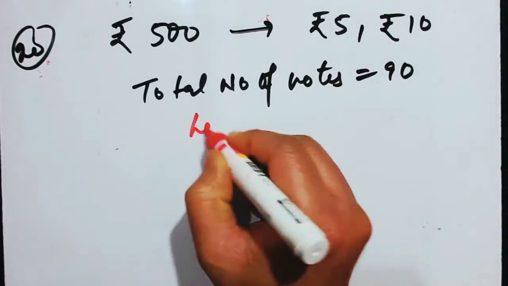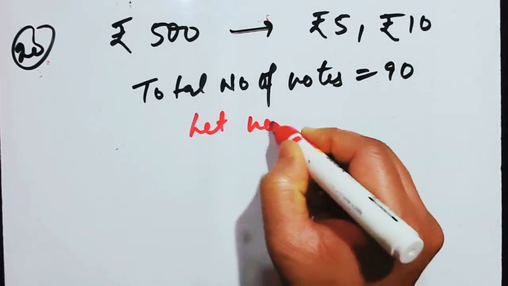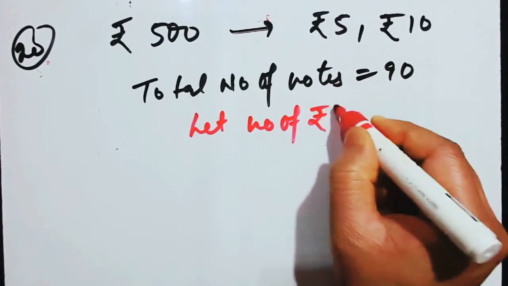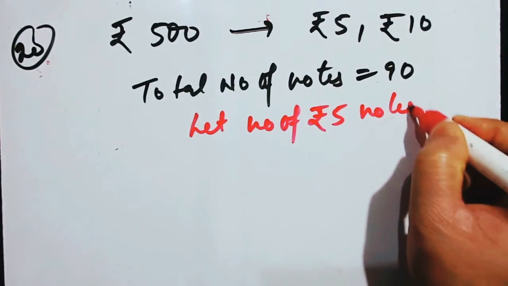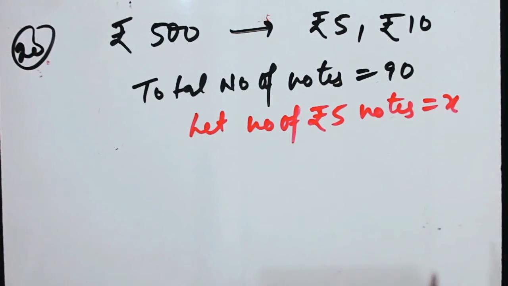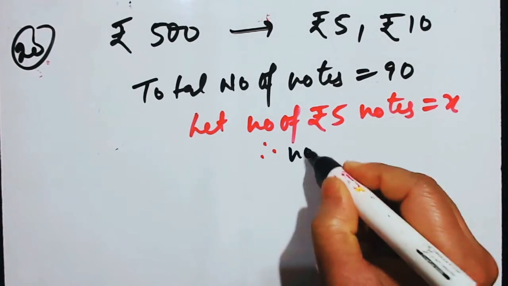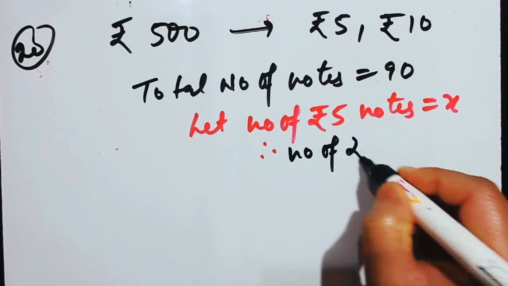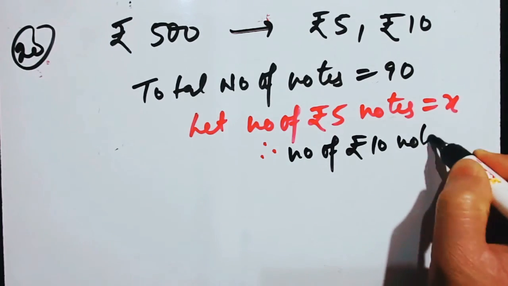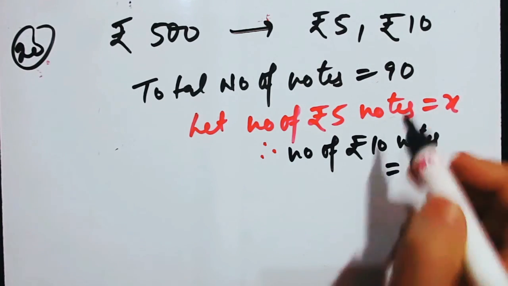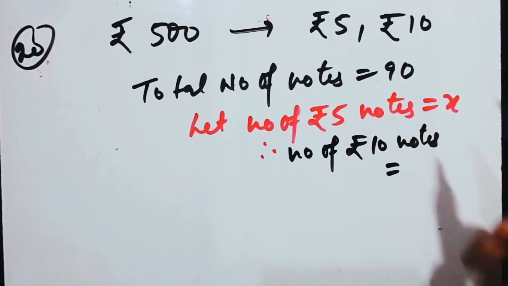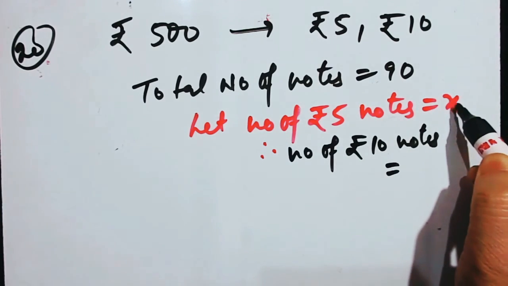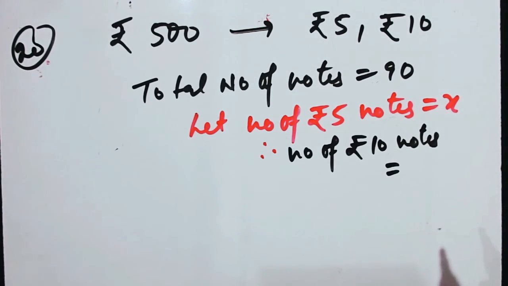So let us assume, let number of rupees 5 notes be equal to x. Okay. Therefore number of rupees 10 notes will be equal to how much? How many were there in total? There were 90 notes, out of which x notes were of rupees 5. Okay.